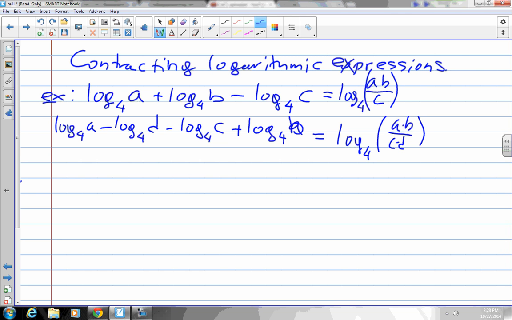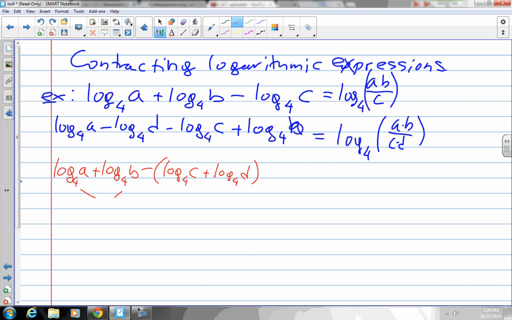Again, the reason for that, I mean, there are some steps that we probably don't want to write out. Really what I'm doing in order to come up with that answer would be log base 4 of A plus log base 4 of B. And then with the negatives, I can factor the negative out, and then I have log base 4 of C plus log base 4 of D, right?